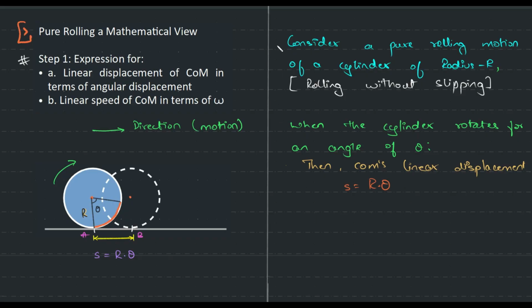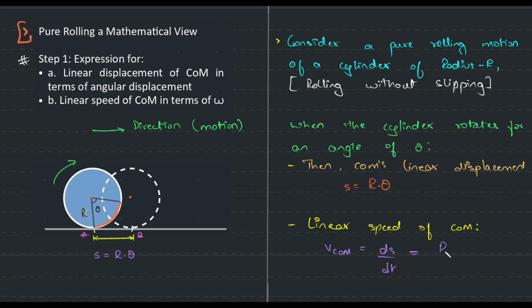From this, we'll be able to expand to the idea of linear speed of center of mass. This will be ds by dt, center of mass.